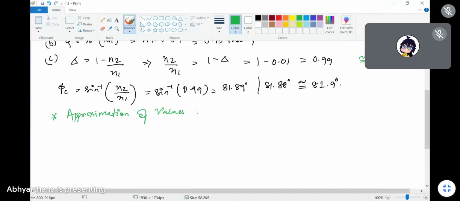And when theta is very small, then only this is applicable. Sorry? When theta is very small, then sine theta is approximated as theta. No, I'm not saying that. I am talking about approximating values. I'm not talking about approximating your variables.